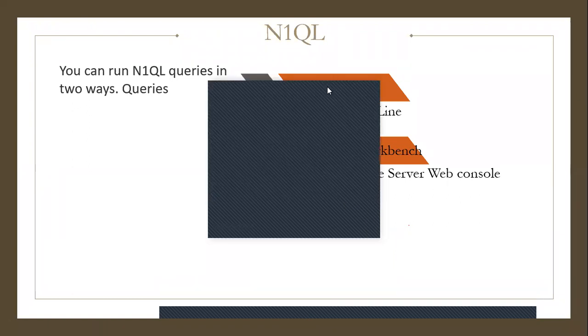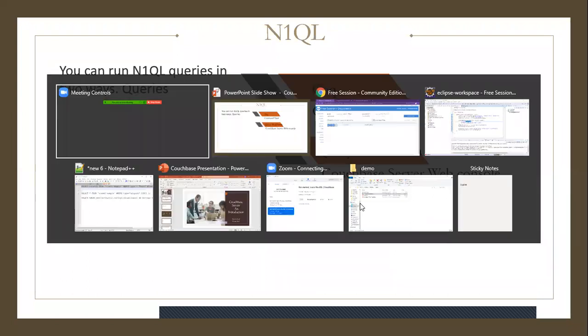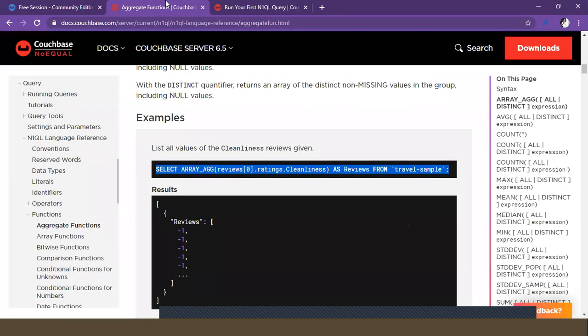Suresh, I have one question. It's Kiran. When querying the NoSQL database, do we use all the normal SQL queries, or is there a set of SQL queries? There is a little bit of change in the syntax, but it is very similar to SQL queries.